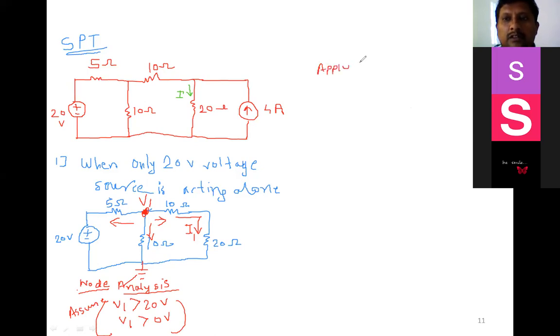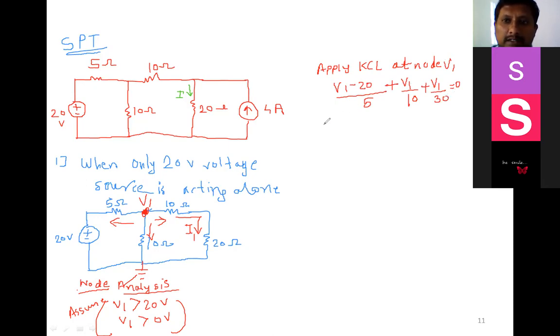Apply KCL at node V1. So (V1 minus 20) divided by 5, plus (V1 minus 0) divided by 10, plus V1 divided by 30 is equal to 0. How does 30 come? 10 plus 20.